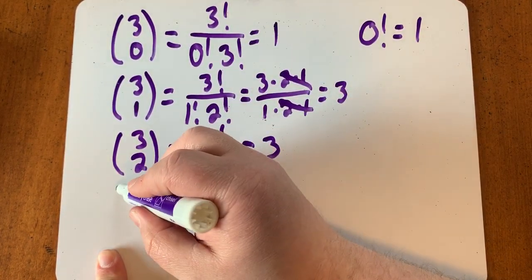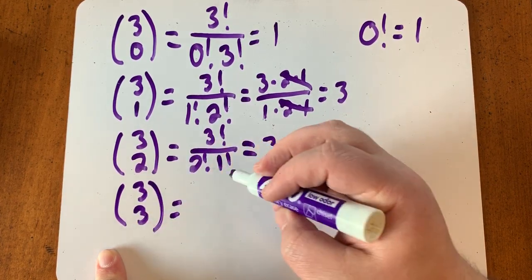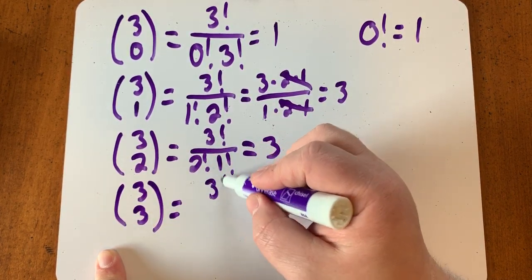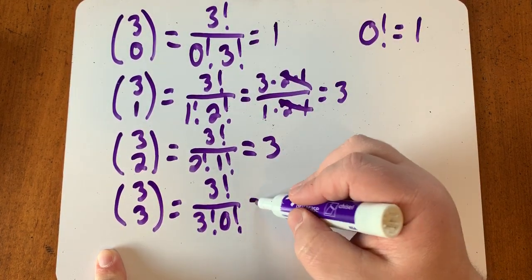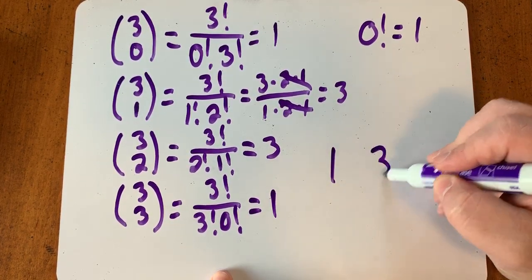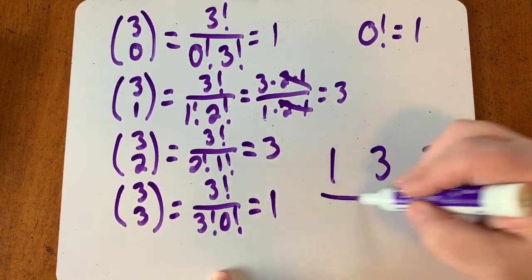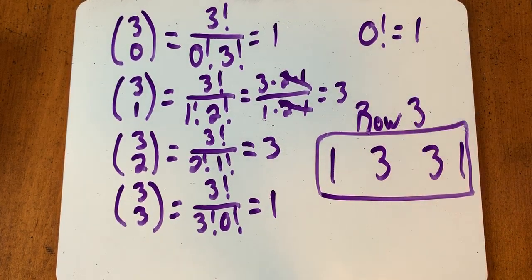So it's 3. And then 3 choose 3, 3 things taken 3 at a time, 3 factorial over 3 factorial, 0 factorial. And the same thing as up there. So it's 1. Wait a minute. So it was 1, 3, 3, 1. Hey! That was row 3 of Pascal's triangle.